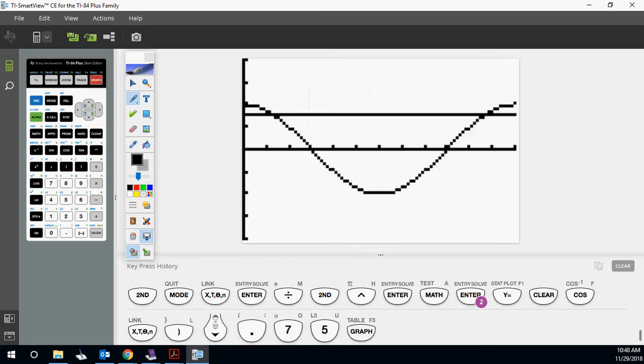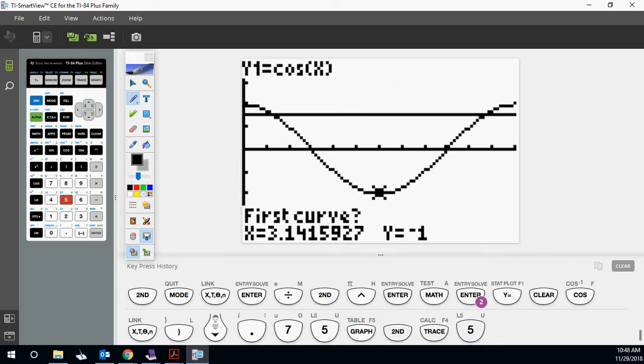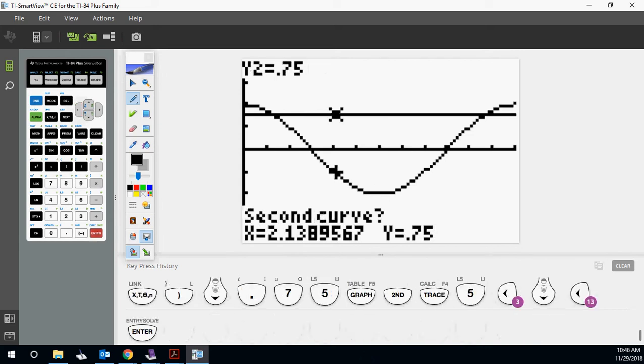Okay, my window is good. So second trace, intersect. Intersect is faster on the calculator. You don't have to do left bound, right bound. You just have to make sure you're on the curve. I'm on the curve, enter, enter, enter. It's going to go to the left one there. So 0.7227.